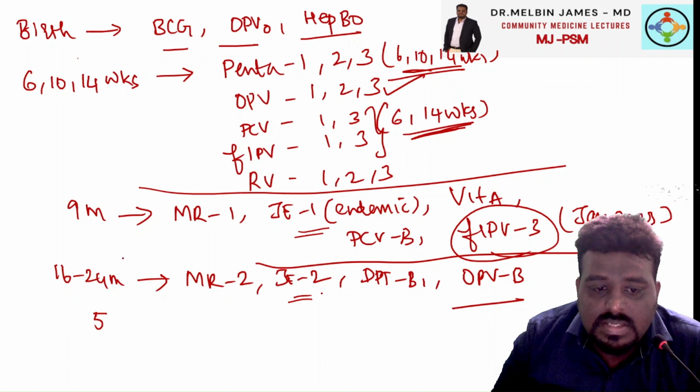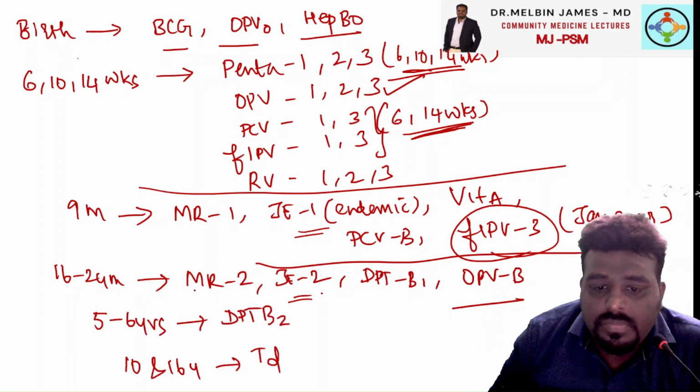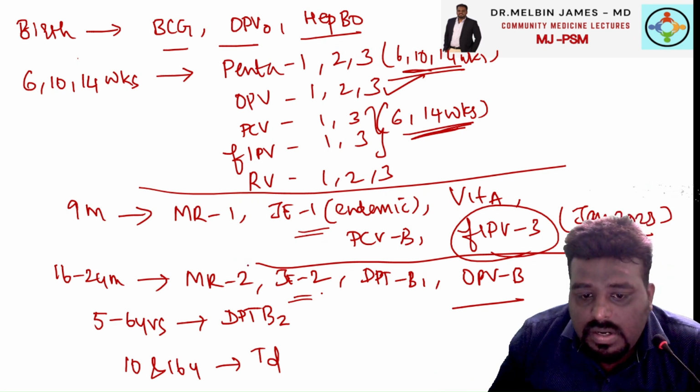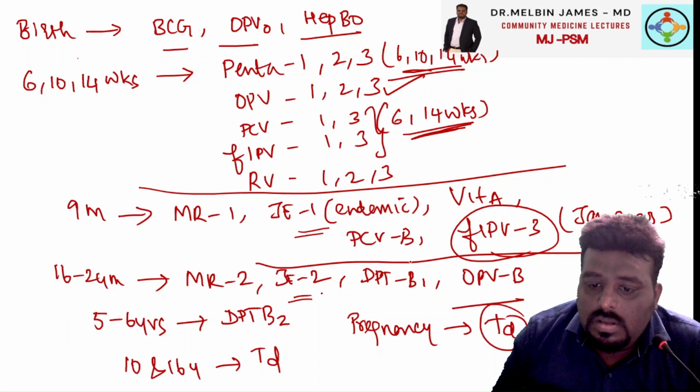Next, at 5 to 6 years we repeat the DPT booster 2, and at 10 and 16 years we give only the TD vaccine. Now we have actually changed from TT to TD. Coming to the pregnancy period, TD is given: 2 doses, the first as soon as the pregnancy is registered and the second 4 weeks apart.